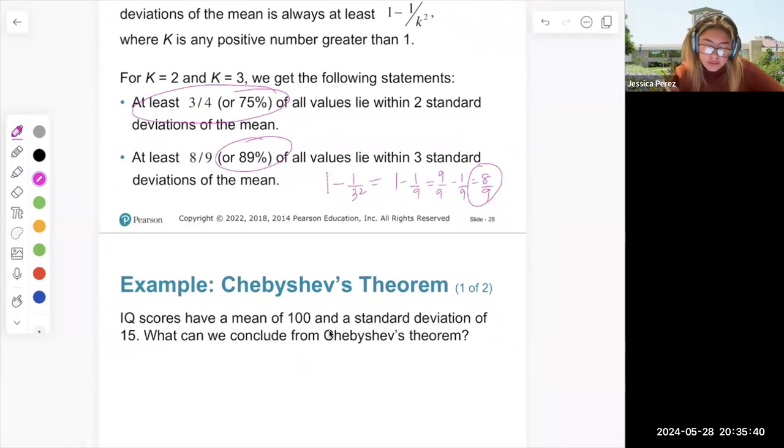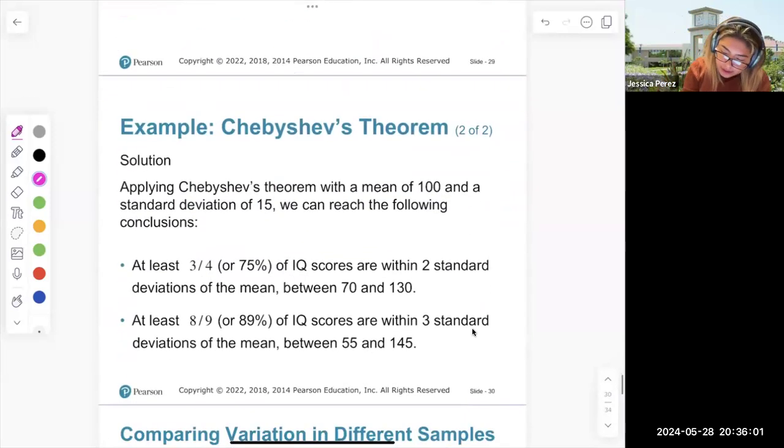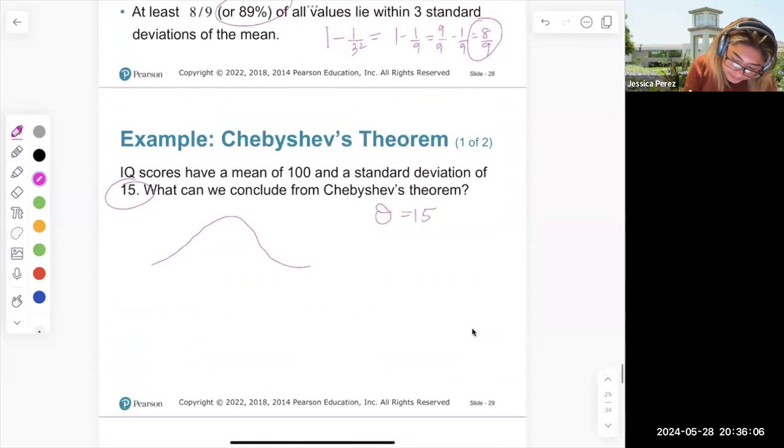IQ scores have a mean, which we already know is 100, and a standard deviation of 15. What can we conclude about Chebyshev's? Since we know that the standard deviation is 15, and we're looking at Chebyshev's, when we had 70 and 130, the distance is 2 standard deviations away.